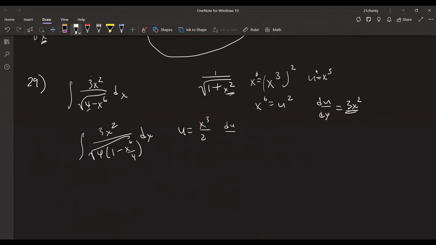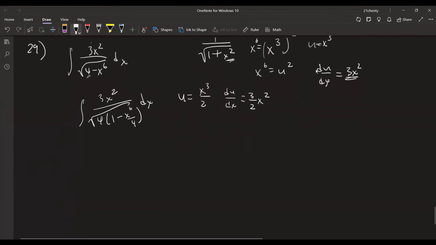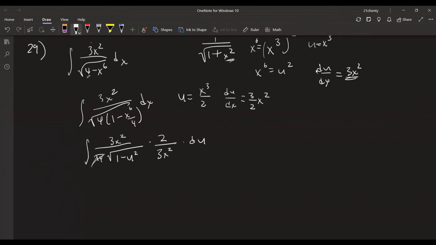Then du over dx equals 3/2 x squared, which means we can plug that in and rewrite our equation: 3x squared over, we'll take out the 4 again, so we'll do it like this, 1 minus u squared times 2 over 3x squared times du. So this cancels with this.